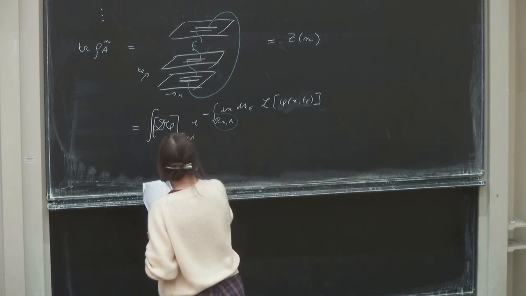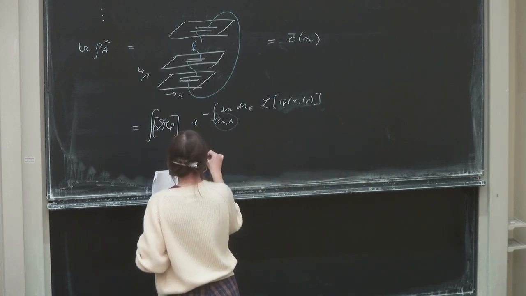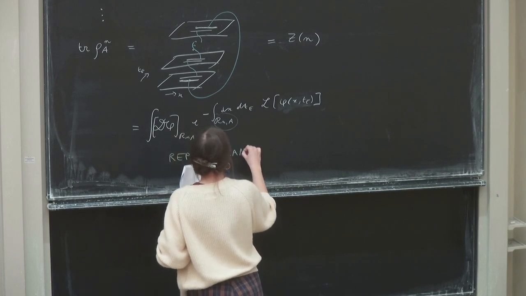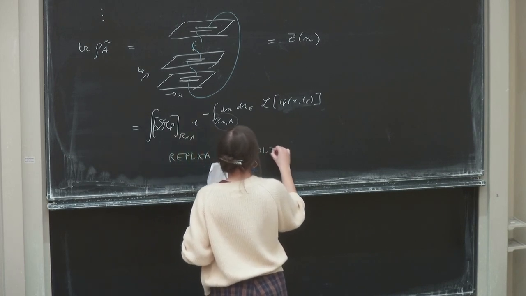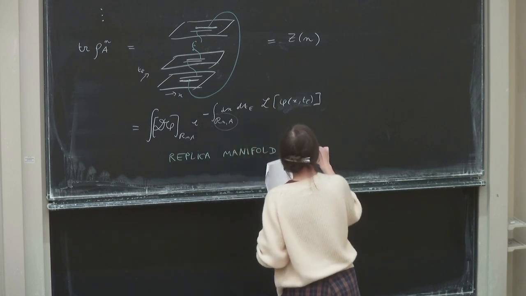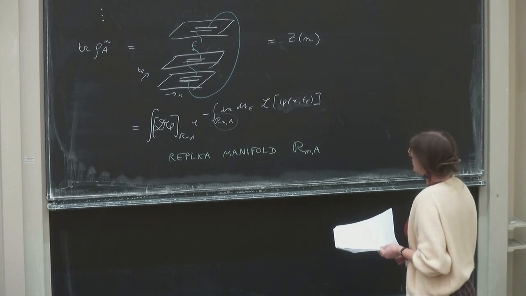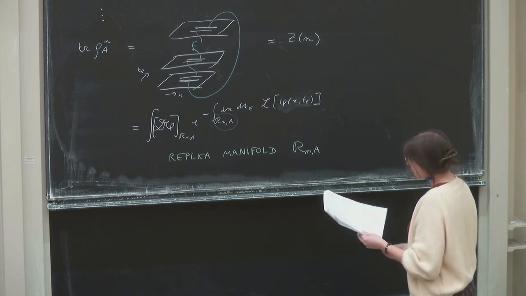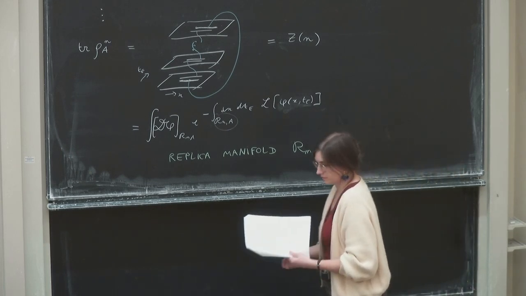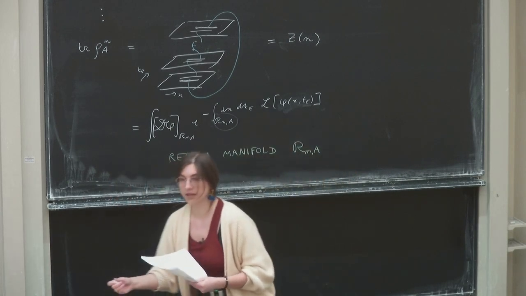So what we've introduced here is the replica manifold, which we write as curly R_{n,A}. And it's just basically this picture is the replica manifold. All right.